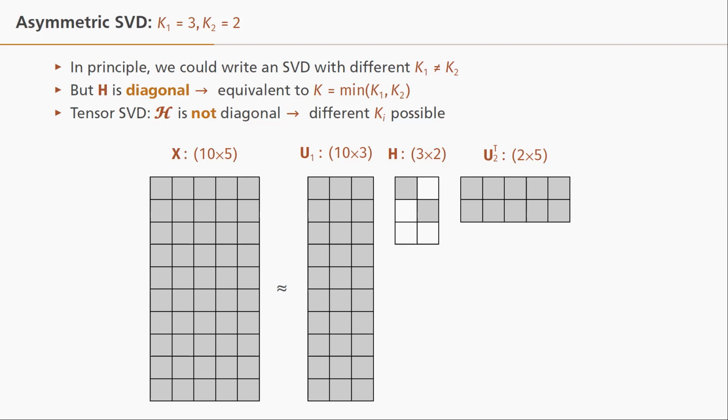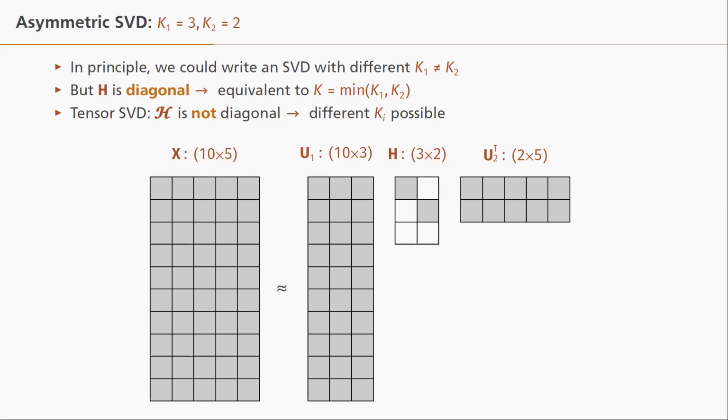However, because H is diagonal, these 2 elements are 0, and this will reduce to the case with 2 factors on both sides. So the reason that we have the same number of factors is because H is diagonal.